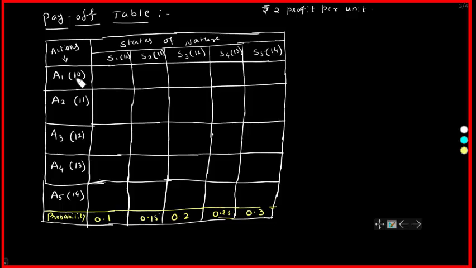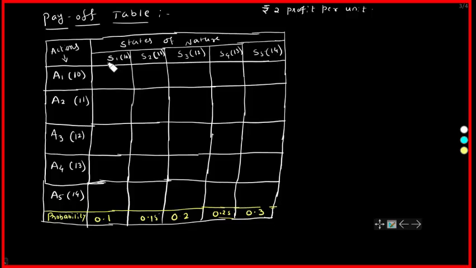A1 is the action of taking or stocking or purchasing 10 newspapers. Similarly, A2 is purchasing 11 newspapers. A3 is purchasing 12, A4 is purchasing 13, A5 is purchasing 14 newspapers. States of nature are demand. Demand is 10, demand is 11, demand is 12, demand is 13 and demand is 14.